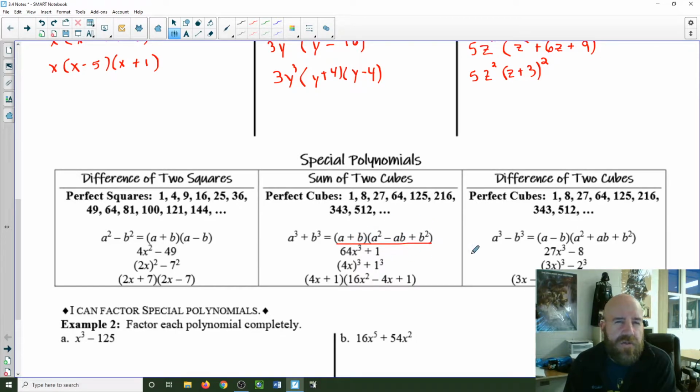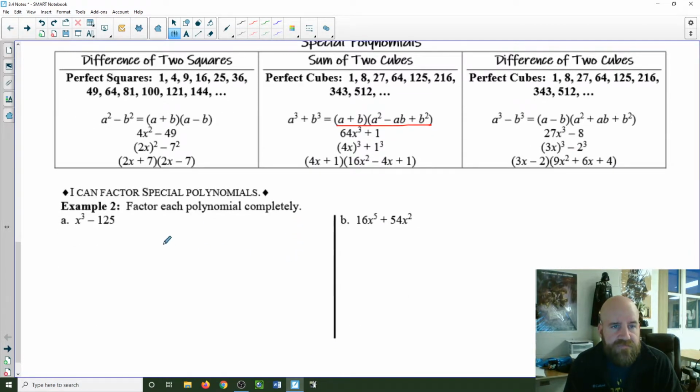We dealt with this a little bit, where we took a and b and plugged them into an equation for the binomial expansion. We're doing the same thing here, just plugging in values of a and b. So we need to find the cube root of these numbers that show up. We'll look at that in the example.